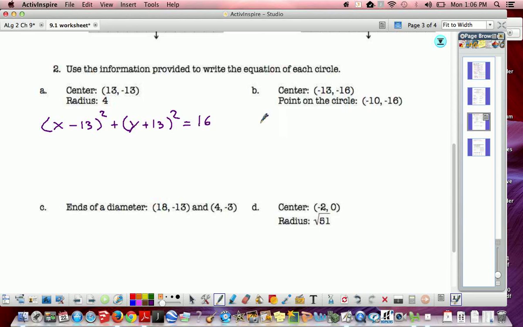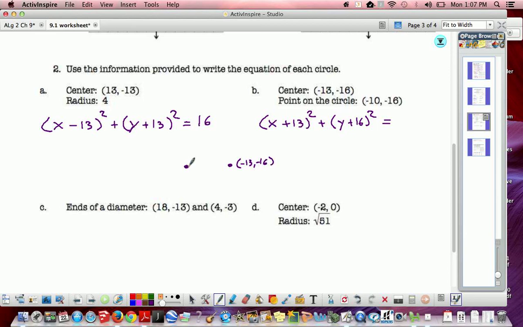On the second one, we'll still have x, now (x plus 13) squared plus (y plus 16) squared equals, now I've got to find the radius. So to find the radius, here's my center at (-13, -16), and then it says a point on the circle (-10, -16).